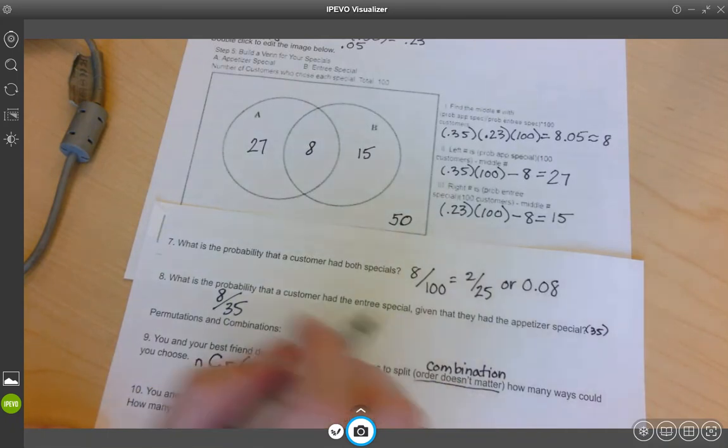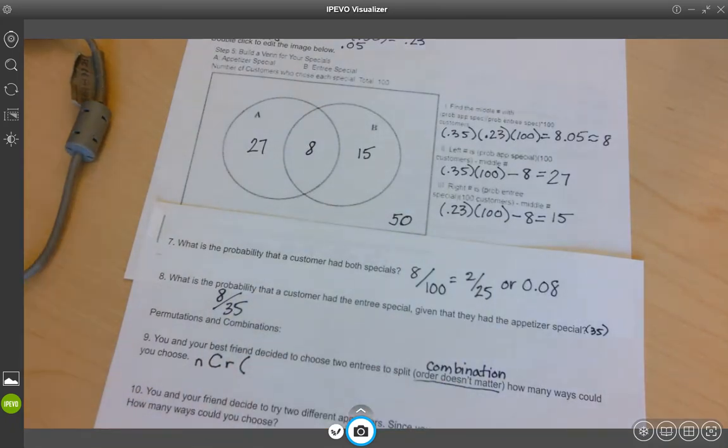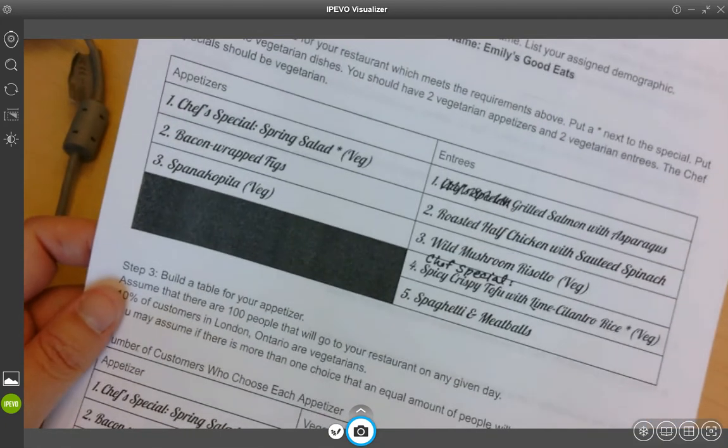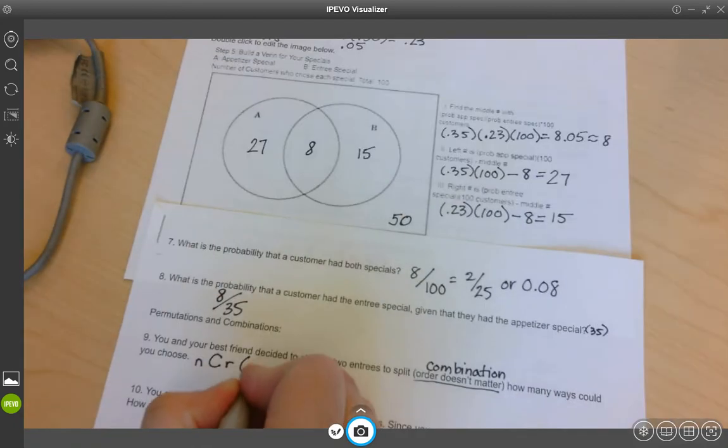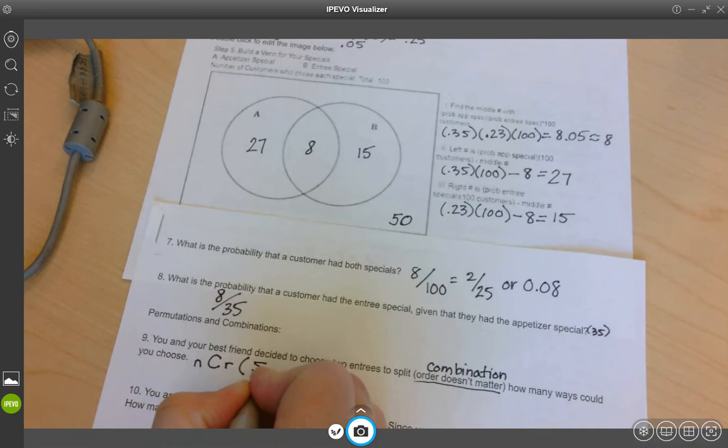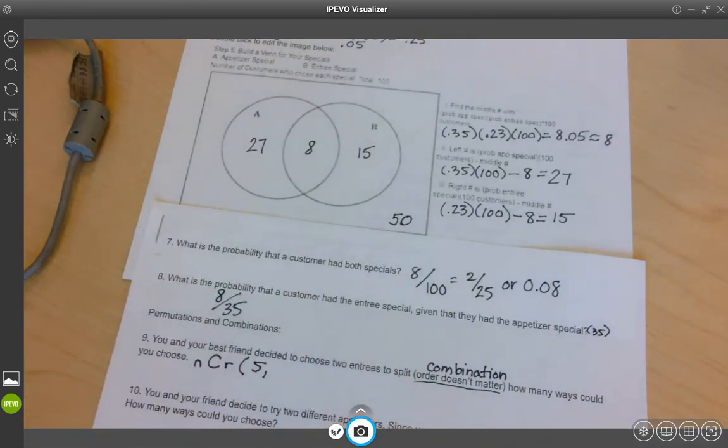And how many entrees are we choosing from on the menu? Go back to your page 1. How many entrees are on the menu? Oh, like 5. Yep. There are 5 entrees on the menu. So we're choosing from 5. And it's just you and one friend, so you're just choosing how many entrees?